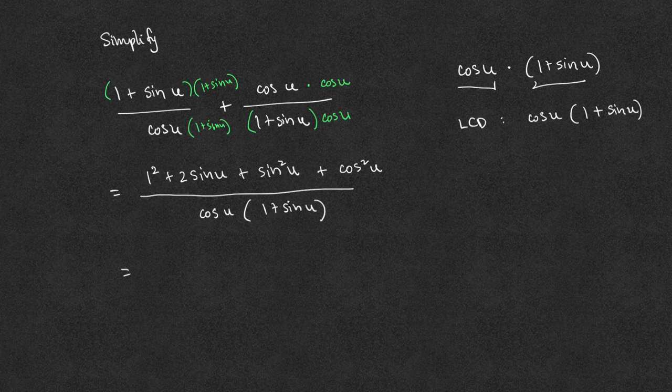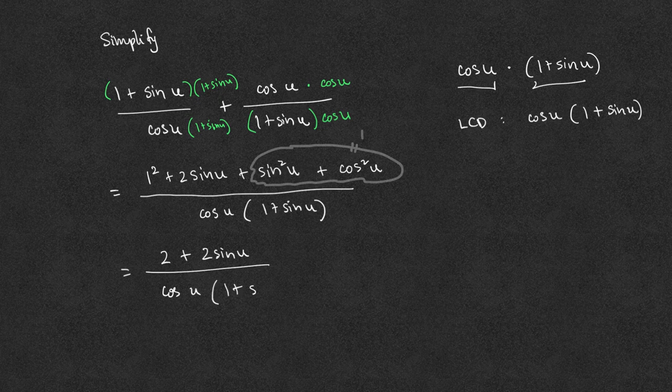But immediately we have the identity cosine squared of u plus sine squared of u is 1. So the numerator is 1 squared plus 1, which is 2, plus 2 sine of u, over cosine of u times 1 plus sine of u.